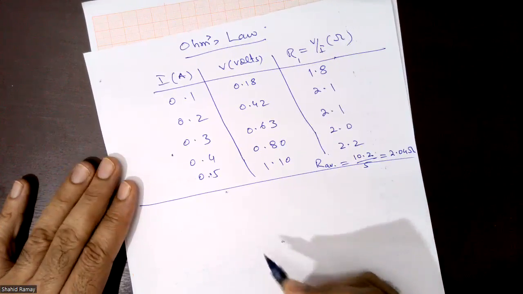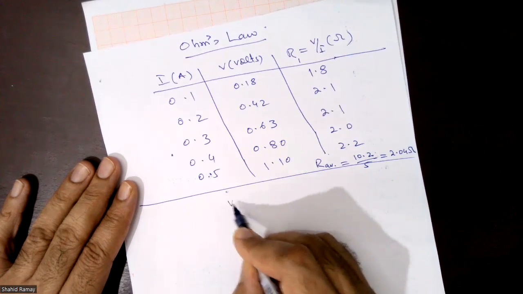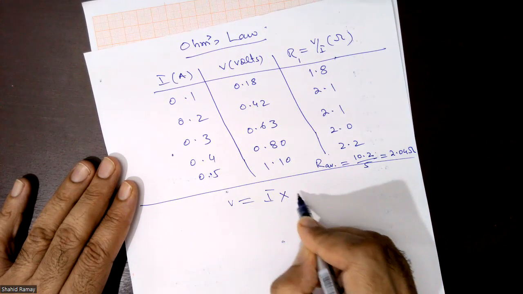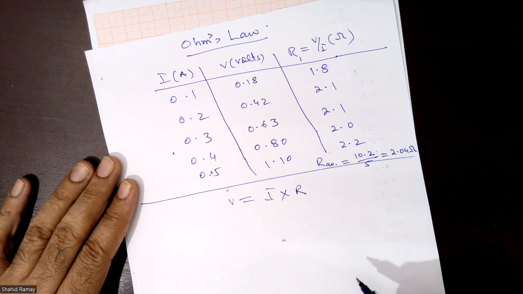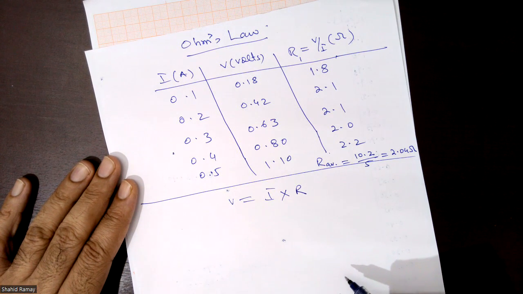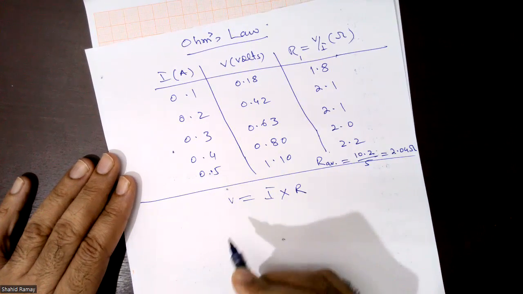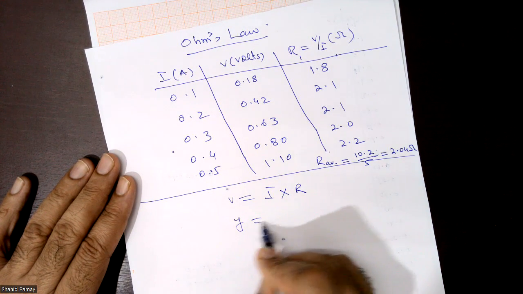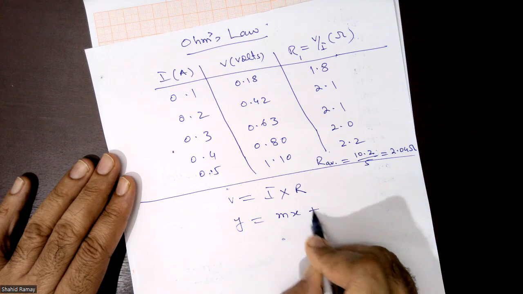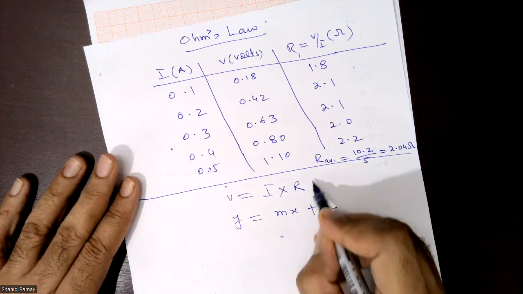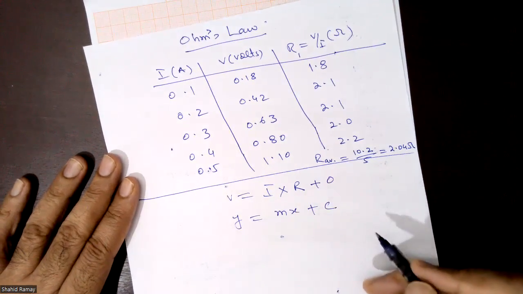So according to Ohm's law, you know that V is equal to I into R. This is Ohm's law. So we compare this equation with the straight line equation y is equal to mx plus c. So here c value is 0.